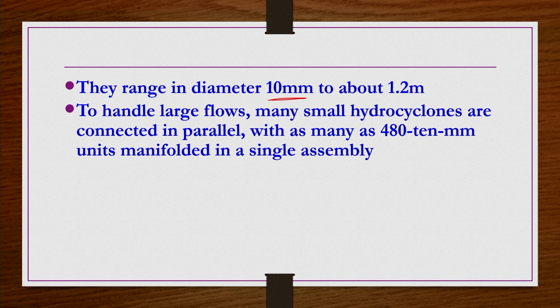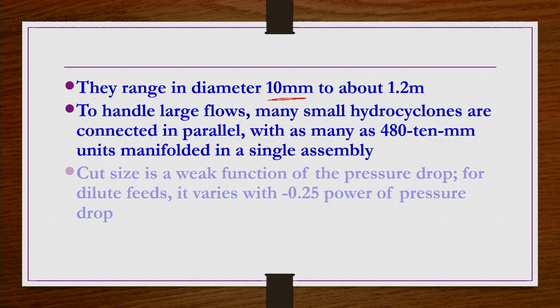To handle large flows, many small hydrocyclones are connected in parallel, with as many as 480 10 mm units manifolded in a single assembly. Those many 10 mm hydrocyclones are in general manifolded in a single assembly in order to handle large flows.